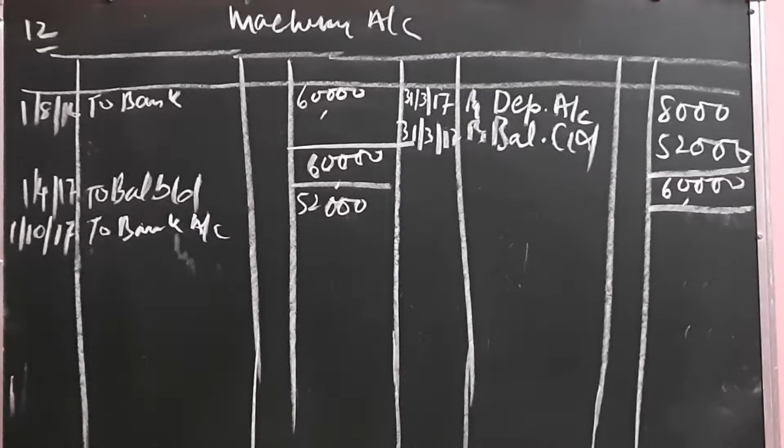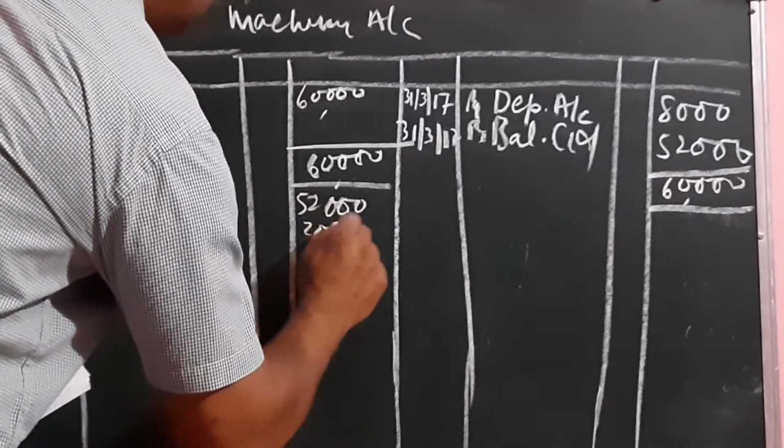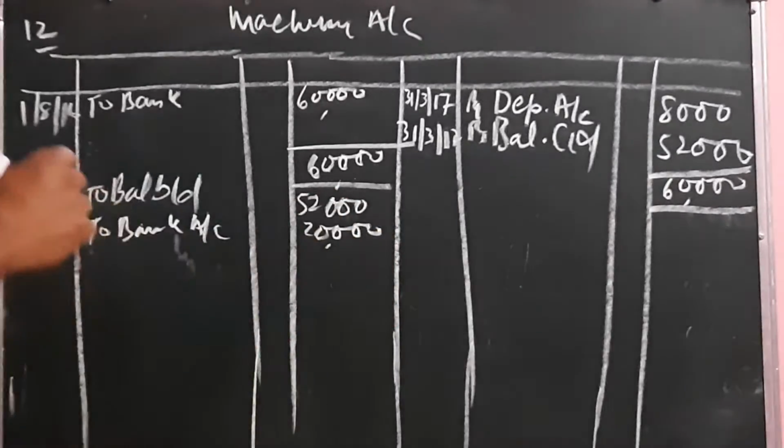So the value of machinery purchase is 20,000, and GST is included in it, but it is not giving any impact in this area. So 20,000 machinery purchase.